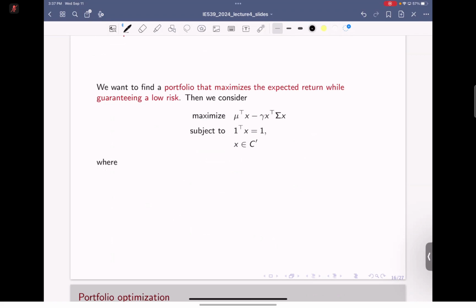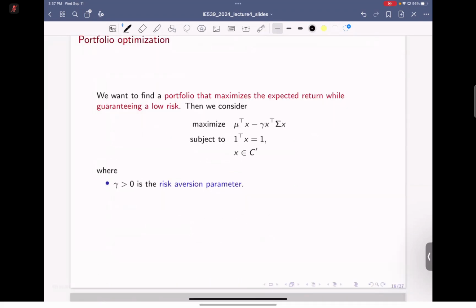To maximize this objective, I want to increase the value of this linear term, while I want to decrease this quadratic term. Here x transpose sigma x captures the variance, so this captures the risk term. If you look at this combination of linear term and quadratic term, you might be able to achieve this goal of maximizing the return while minimizing the risk.